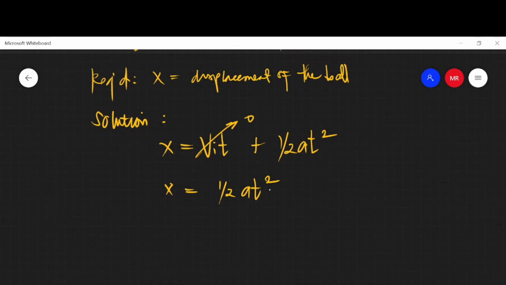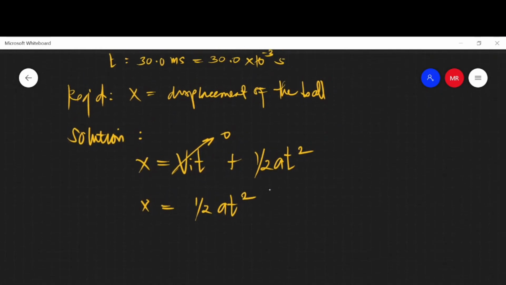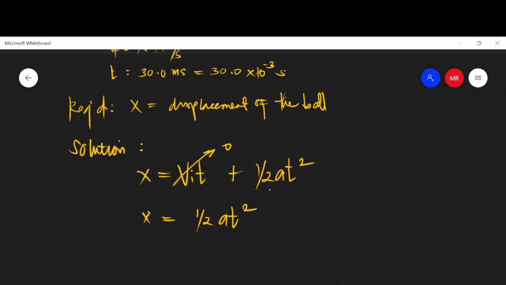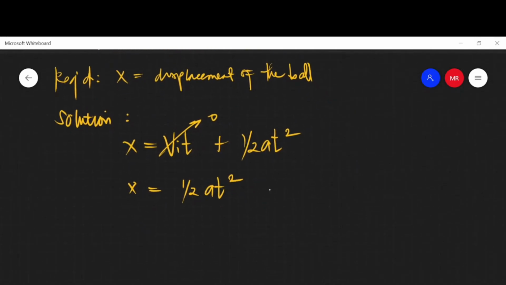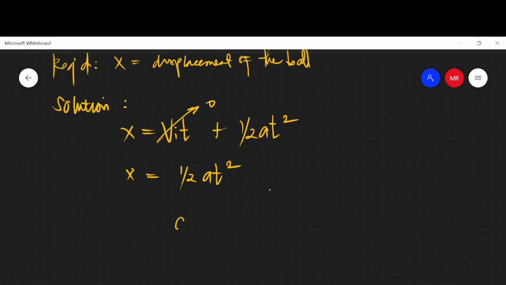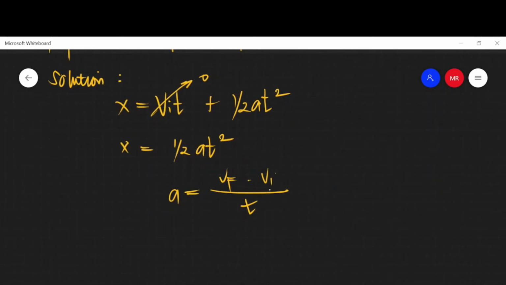Let us first find the acceleration of the ball because of the racket hitting the ball with a span of 30.0 milliseconds. If we are to remember our acceleration equation, acceleration is v final minus v initial all over the elapsed time, the period where the change in velocity happened.